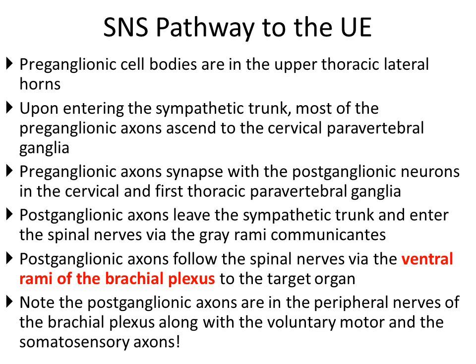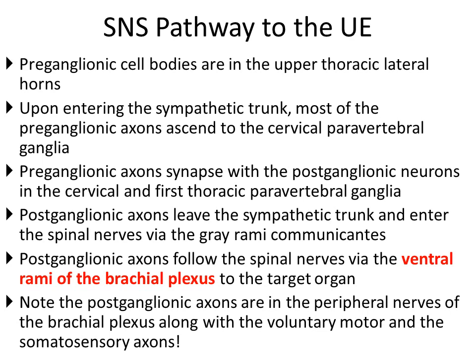From here, the majority of our preganglionic neurons are going to ascend up to the cervical paravertebral ganglia. In the cervical paravertebral ganglia, they will synapse with postganglionic neurons. The postganglionic neurons are going to leave the sympathetic trunk through the gray ramus communicans.